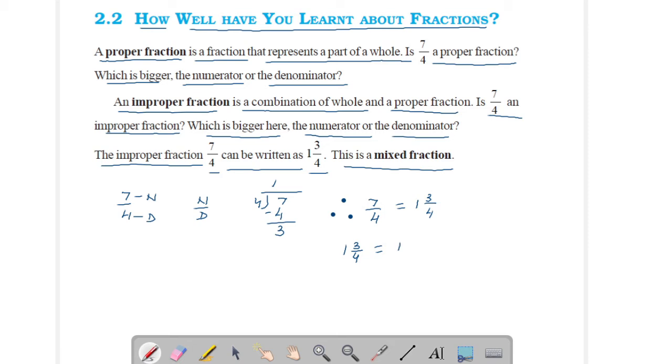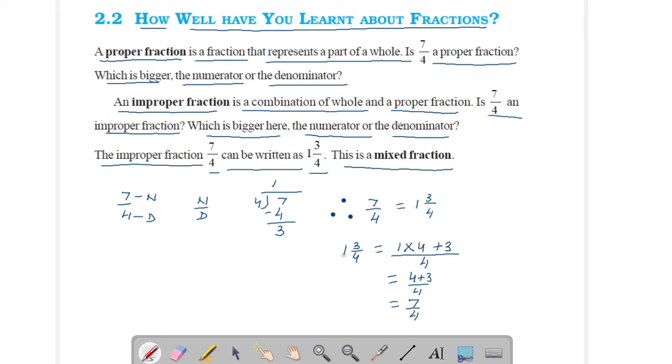This can be written as 1 multiplied by 4 plus 3 upon 4. Solve this. 1 times 4 plus 3 upon 4. 4 plus 3 is 7. 7 upon 4.